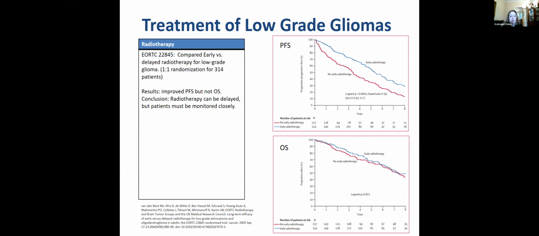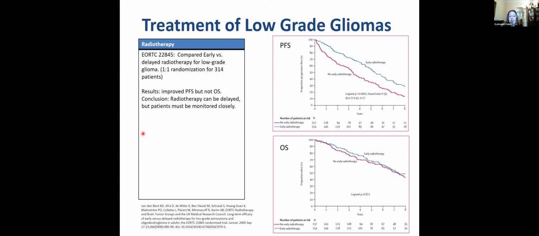Next is our radiotherapy, and this has been probably the most studied in this population because radiotherapy has long been a tool in the brain tumor community. The most important trial is the EORTC 22845 trial, which compared early versus delayed radiotherapy for high-risk, newly diagnosed low-grade glioma.